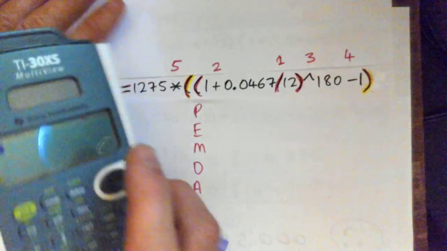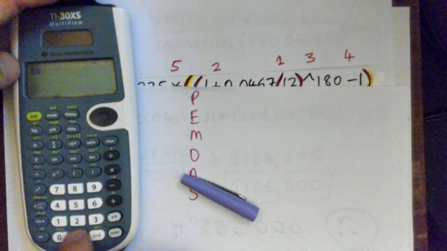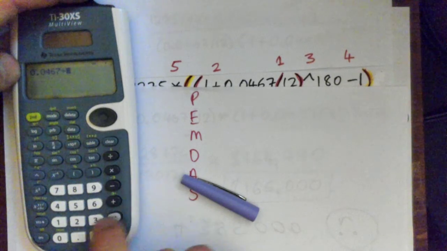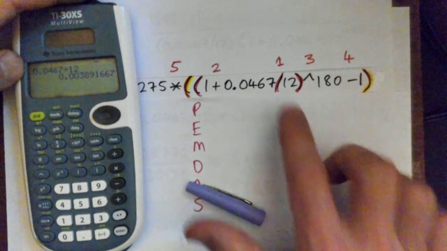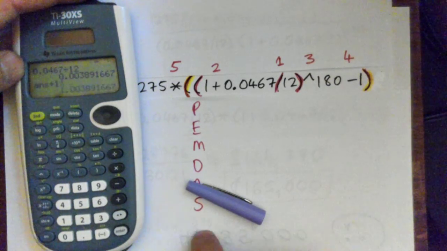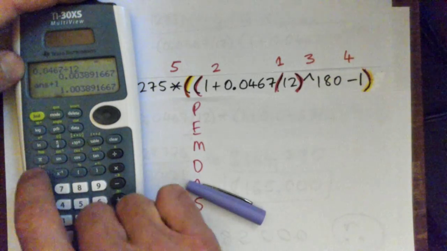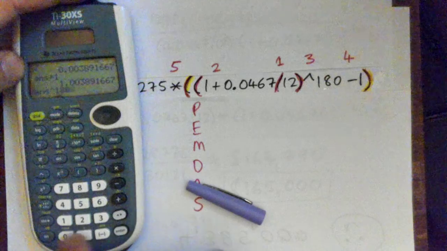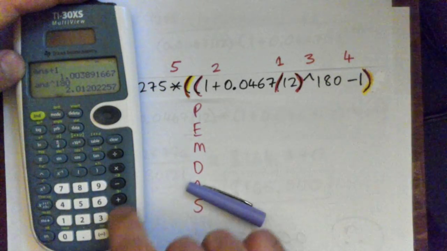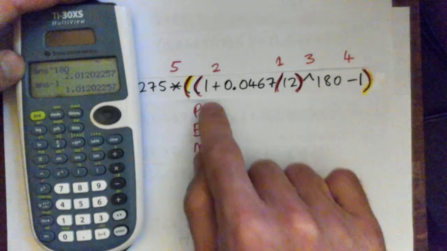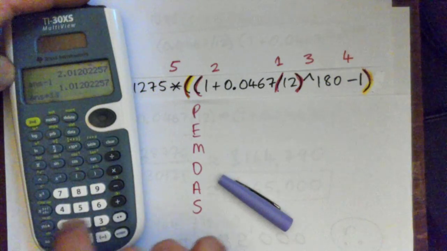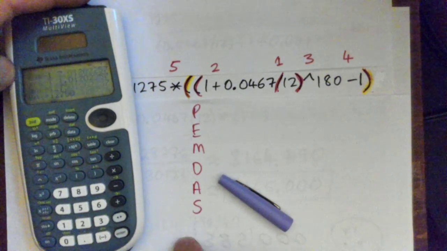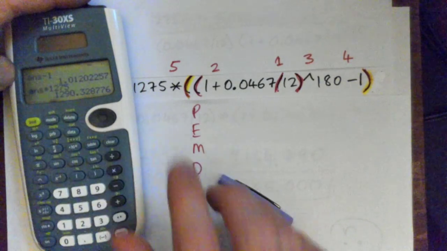Let's see, 0.0467 over 12, enter. That's the first thing, and then we add 1, and then we put that to the power of 180, and then we subtract 1, and then we times by 1275, and we get 1290.32.